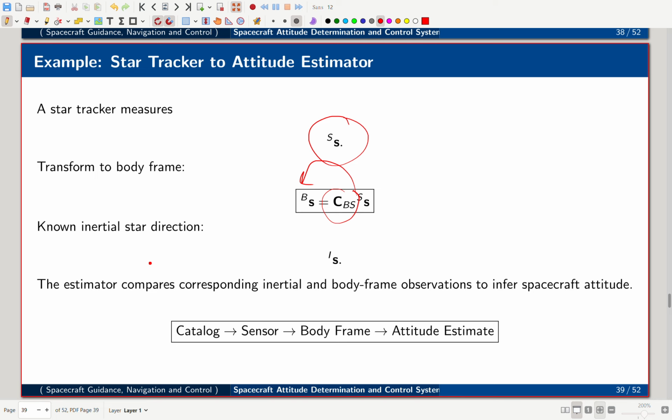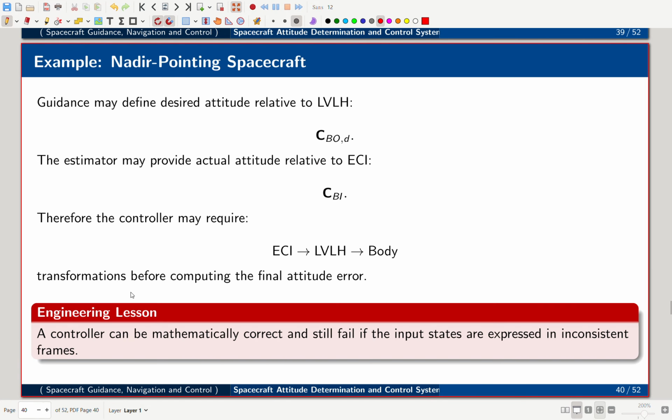The estimator compares the corresponding inertial and body frame observations to infer spacecraft attitude. So the catalog is given to the sensor, then to the body frame, then we get the accurate estimate. That's very important. We have to compare this accurate estimate data.